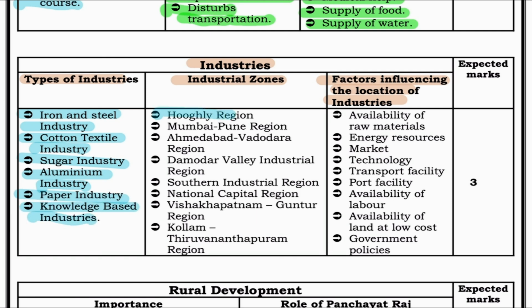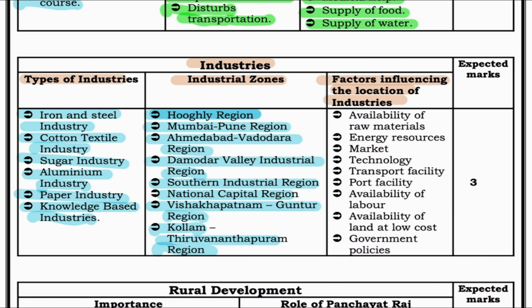Industrial zones: Hooghly region, Mumbai-Pune region, Ahmedabad-Vadodara region, Damodar Valley Industrial Region, Southern Industrial Region, National Capital Region, Visakhapatnam-Guntur region, Kollam-Thiruvananthapuram region.